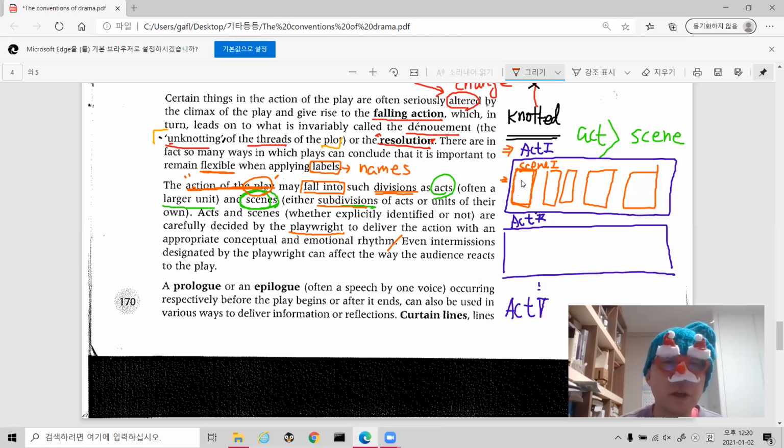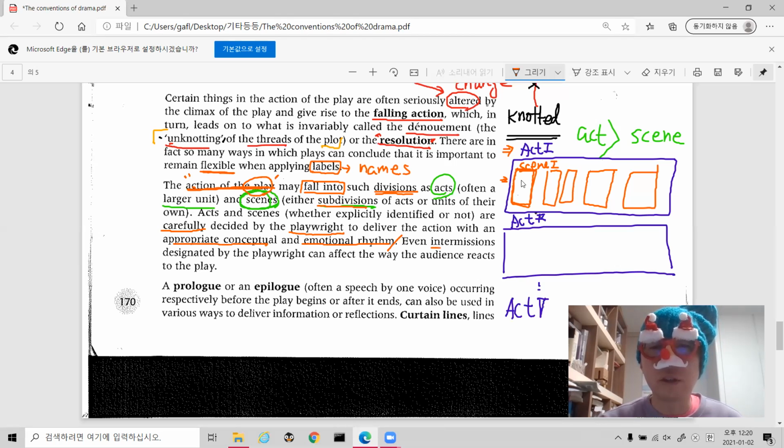They carefully decide how to divide acts and scenes in order to create appropriate concept and appropriate emotional rhythm. Playwrights really carefully decide which act and which scene, and how they will divide those scenes. Even intermissions designed by the playwright can affect the way the audience reacts to the play.